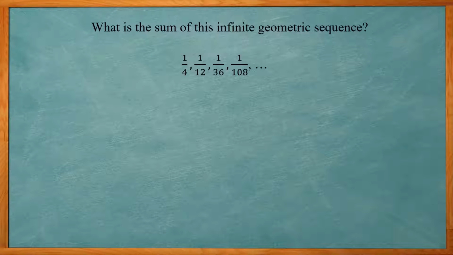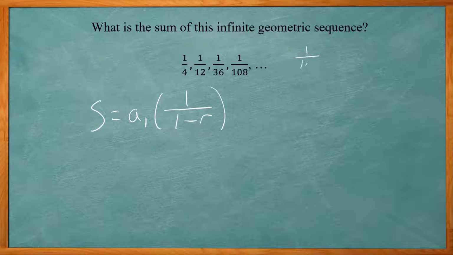And this problem says, what is the sum of the infinite geometric sequence? So remember, our sum is going to be equal to a_1 times 1 over 1 minus r. To find r, you take the 1/108 divided by 1/36.